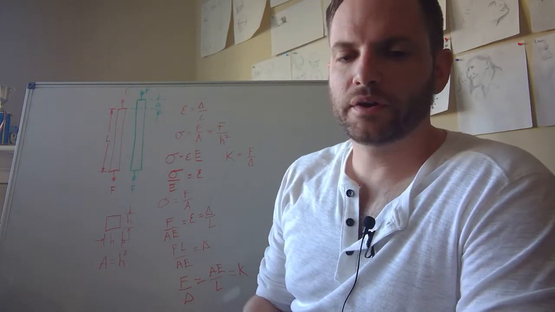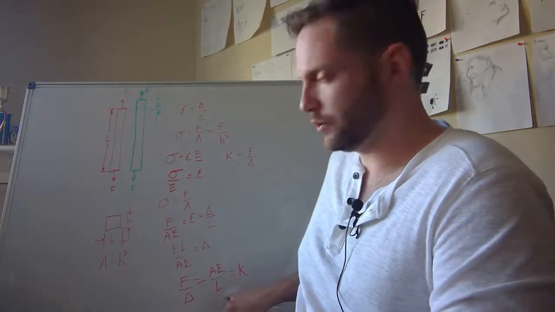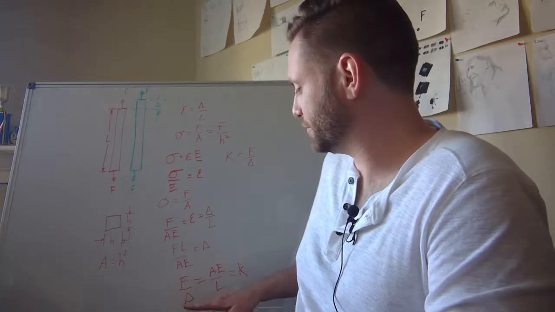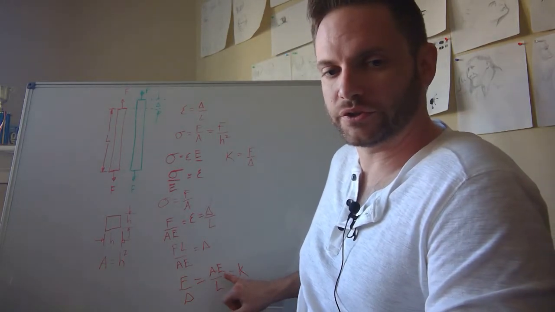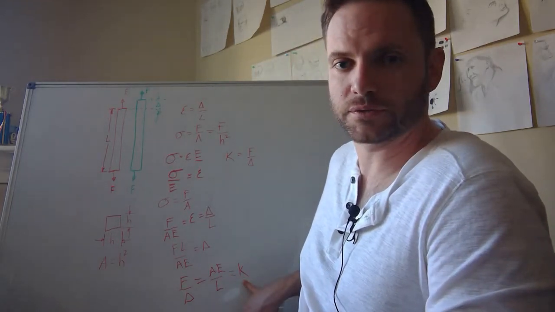So that is where the stiffness of things comes from in terms of the last video, which is there is some function of geometry, there is some function of the material itself that gives you a stiffness.